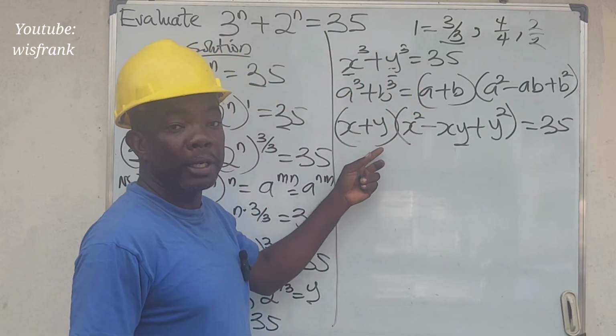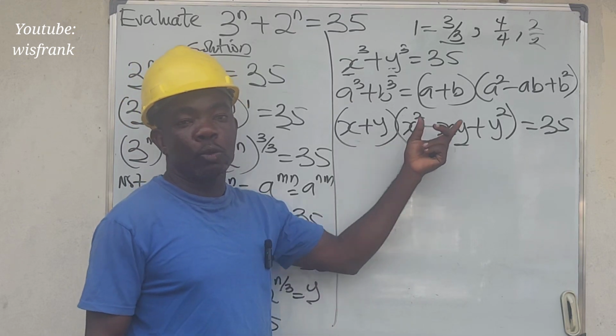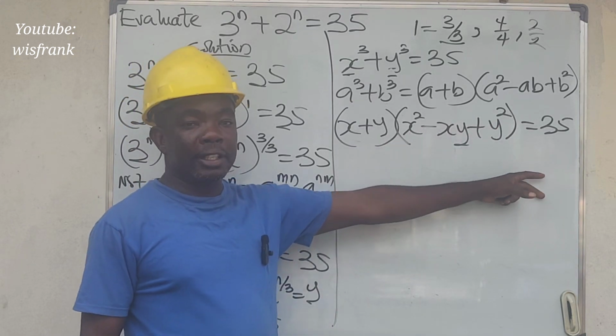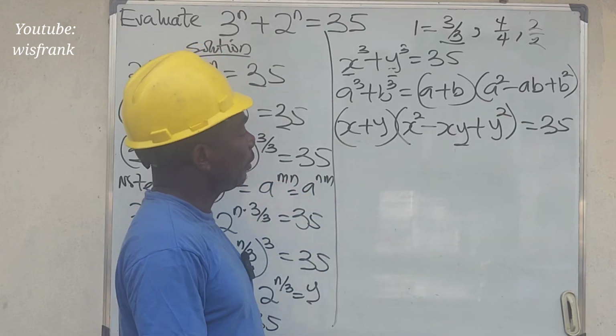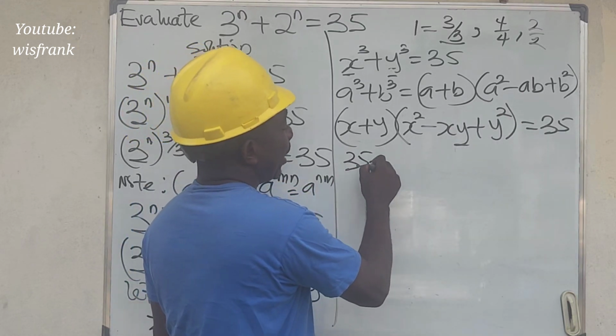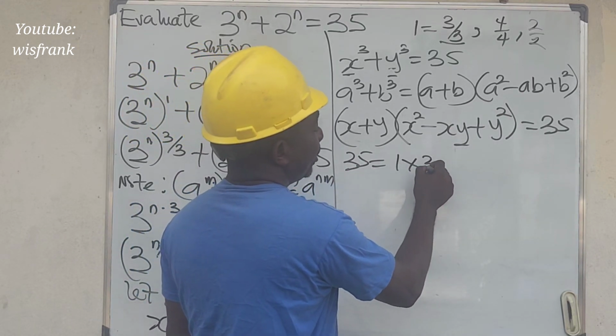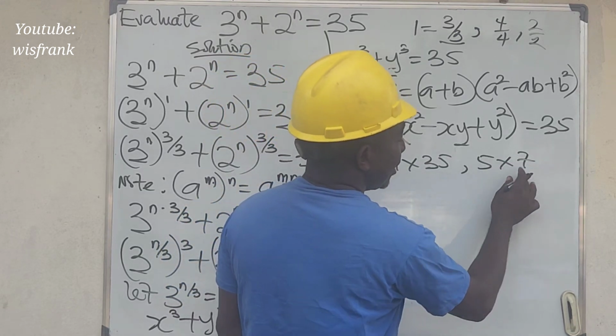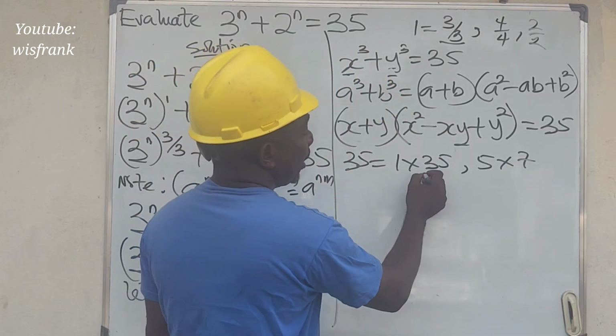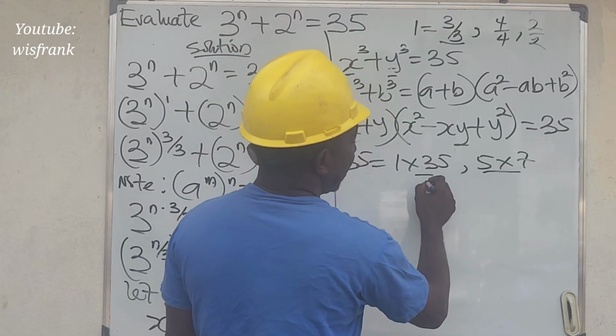So this is two parentheses. It is either the first parenthesis equals one of the factors of 35, or the second parenthesis equals the other factor of 35. And the factors of 35 can be written as 1 times 35, or we have 5 times 7. So either of these, let's take this case 1 and this one case 2.